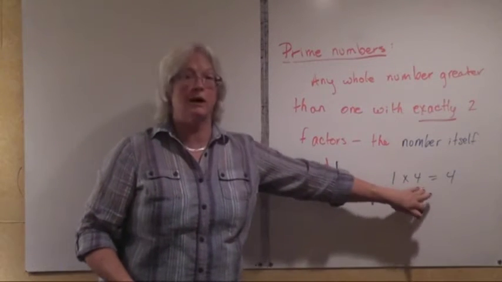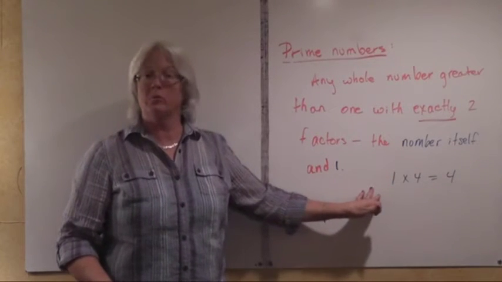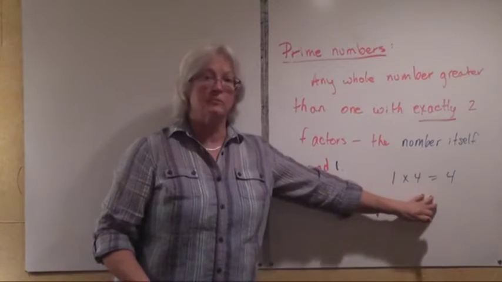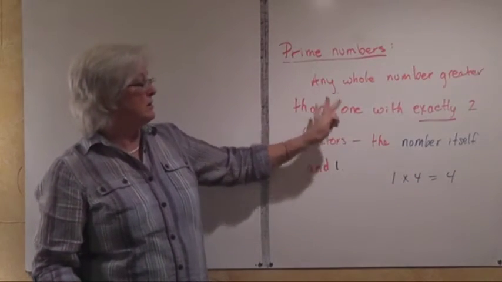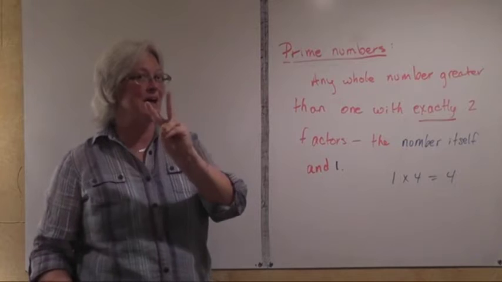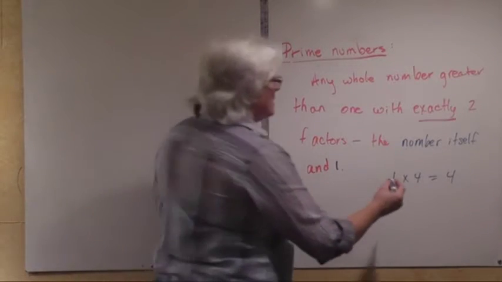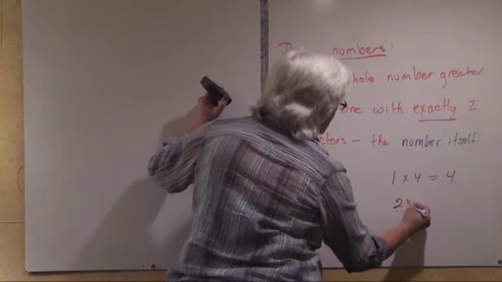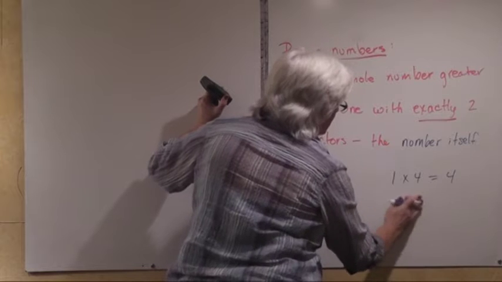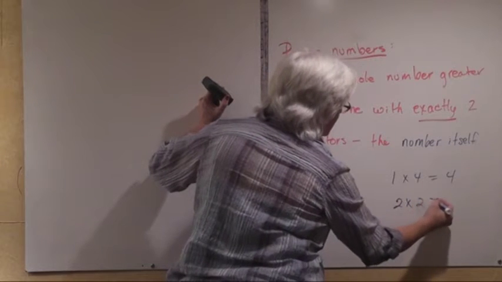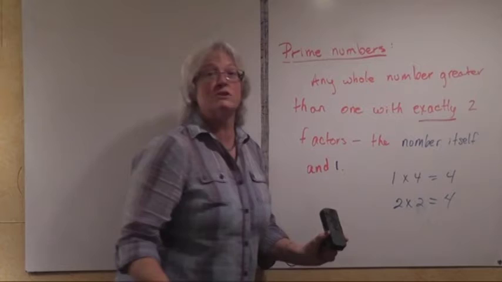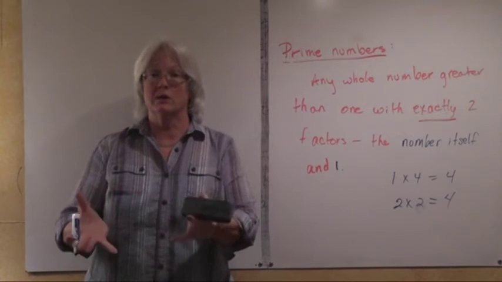This is the number itself and 1. When we multiply those together, we do get 4. However, it says that there are exactly two factors. And there's one more way that you can arrive at a product of 4. And that, of course, is by saying 2 times 2 is equal to 4.